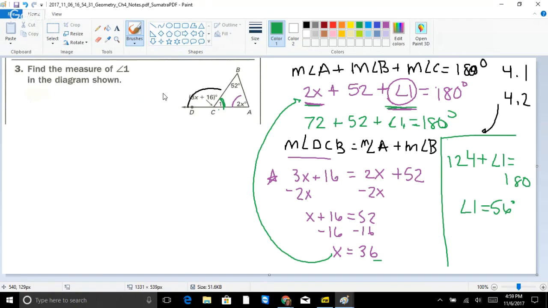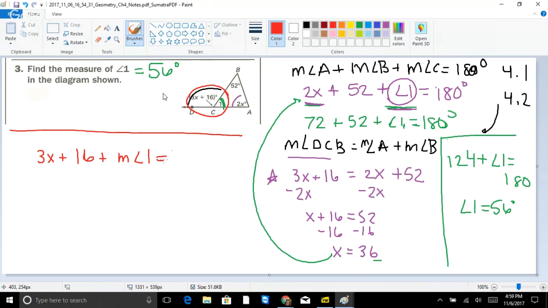So we are going to say that the measure of angle 1 is 56 degrees. Now there's another way that you could have done this. The other way is just looking at the fact that these two angles make up a line. So we also know that 3x plus 16 plus the measure of angle 1 equals 180 degrees.